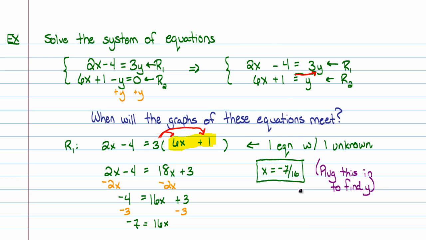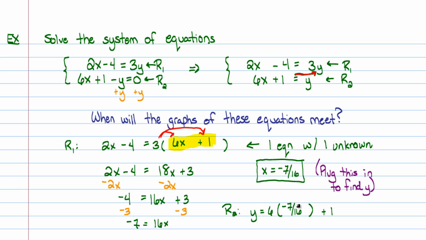And since I want to find the value of y, I already know y is equal to some value of x here. So let's go ahead and plug it in the second row. So I'll take row 2 here. I have y is equal to 6 times, well, it was x. We're going to replace it in a moment, plus 1. The x is negative 7/16.